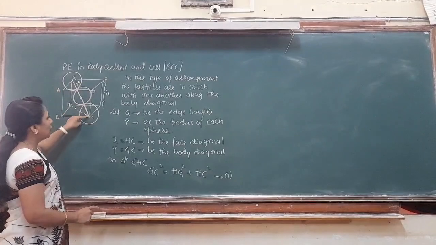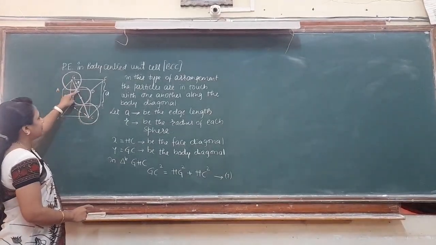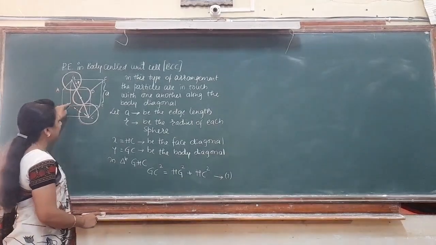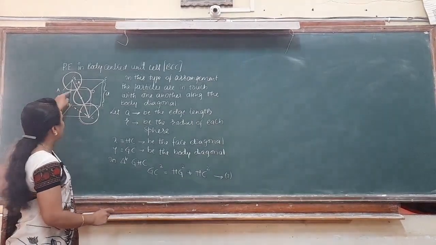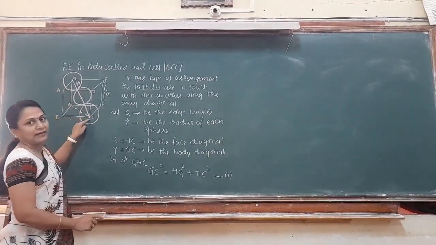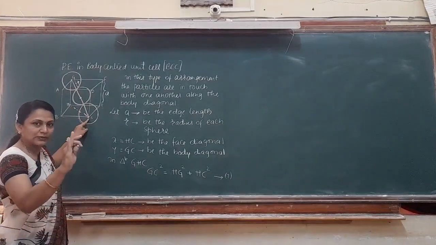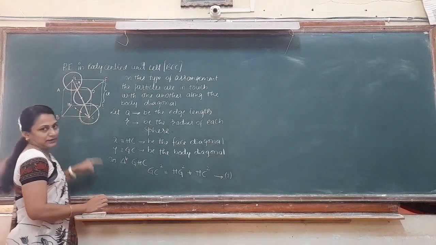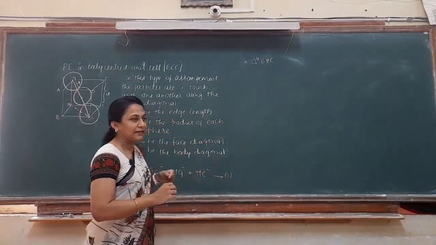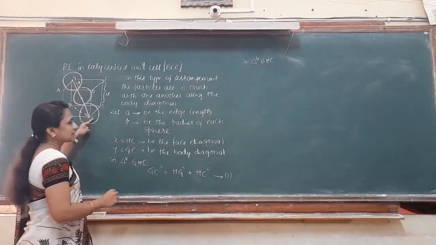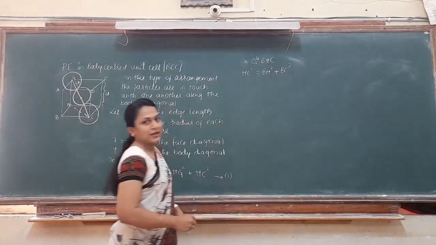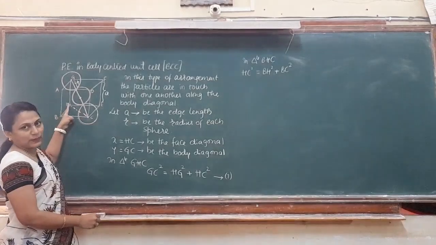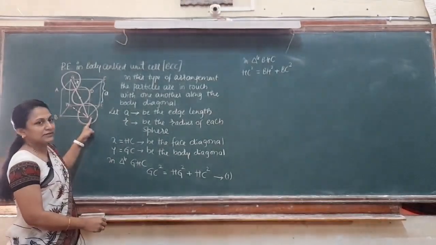We know this body diagonal as R plus 2R plus R, that is 4R, and this edge length is A. So we can write A square, but we don't know the value of HC square. That's why let us consider this triangle, BHC. By applying Pythagoras theorem, HC square is equal to BH square plus BC square.